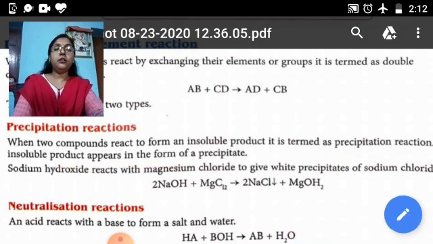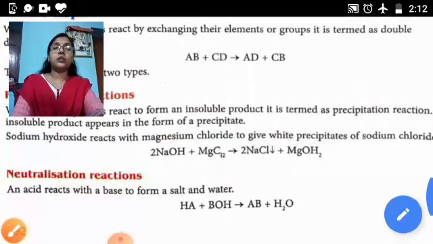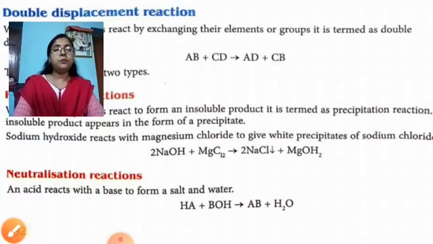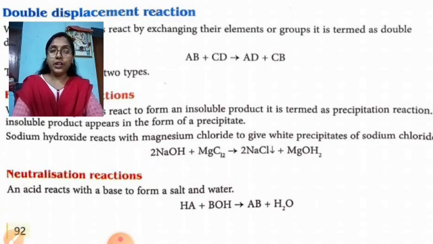So sodium hydroxide reacts with magnesium chloride to give a white precipitate. Sodium chloride is also called common salt, which remains in solution. So that is called the precipitation reaction.